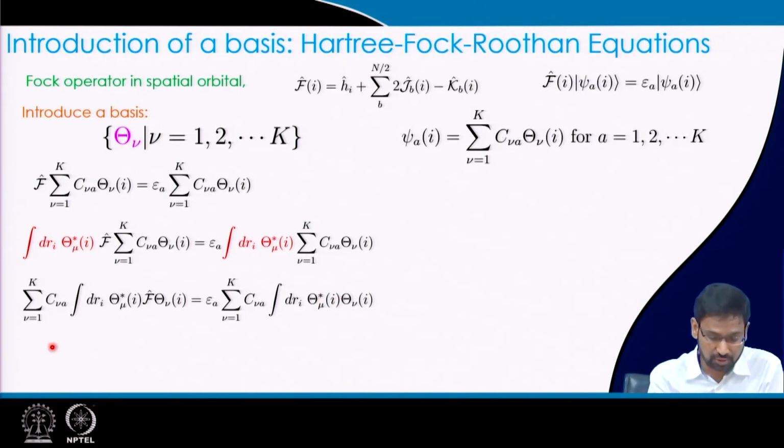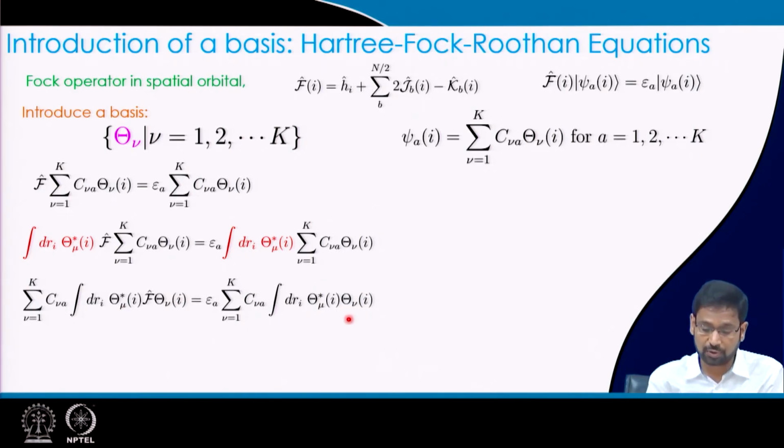Now, let us look at the terms carefully. What does this integration tell us? This is simply a matrix element of this Fock operator, where the bra is theta mu star and the ket is theta nu. So this is essentially the mu nu matrix element of the Fock operator.